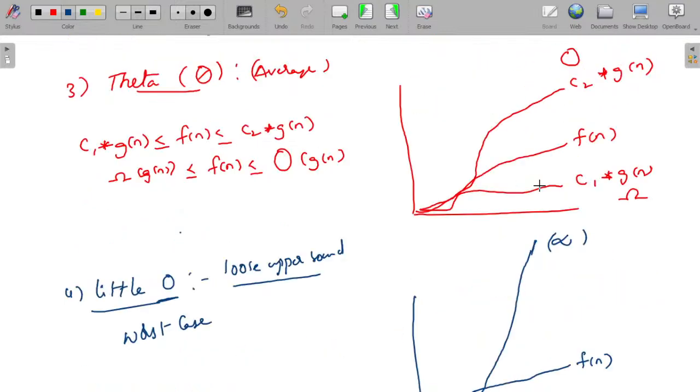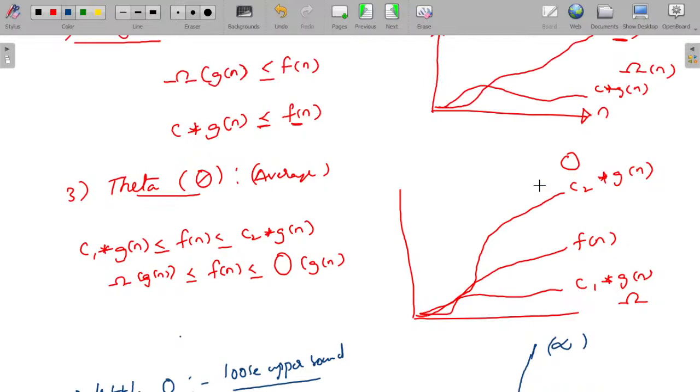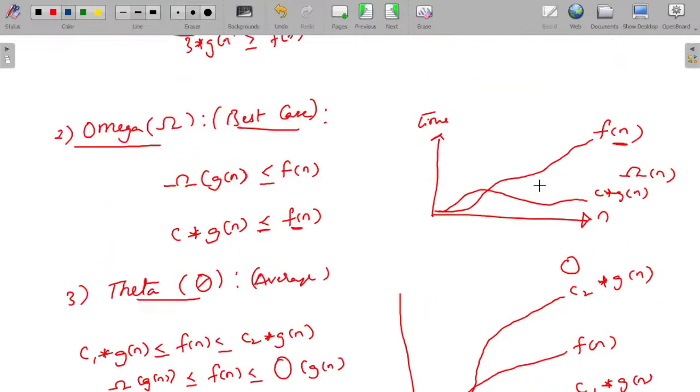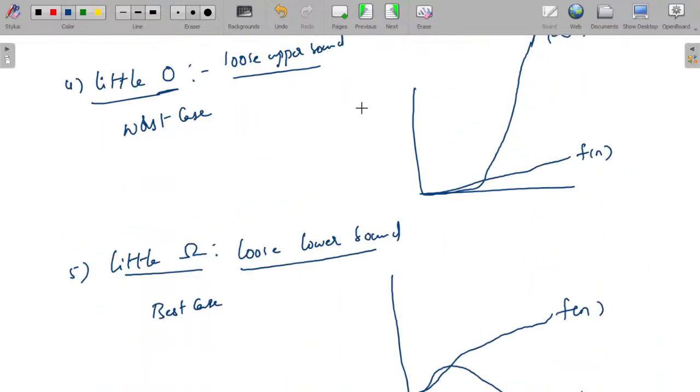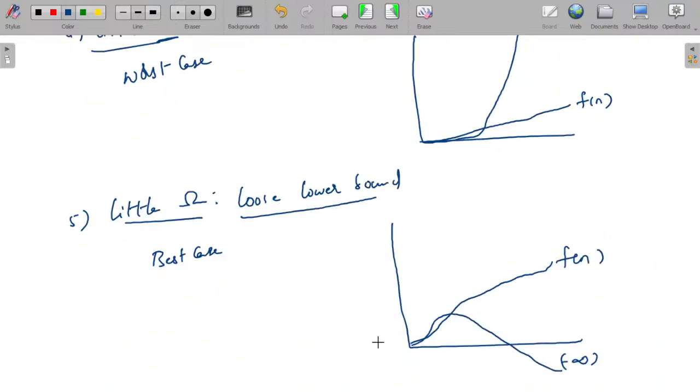And omega is used to represent the tight lower bound, whereas little omega notation is used to represent the loose lower bound representation. Hope you have understood little omega and little o representations.